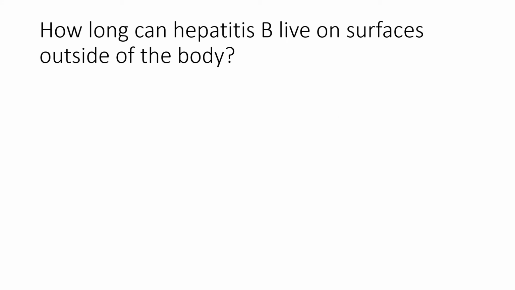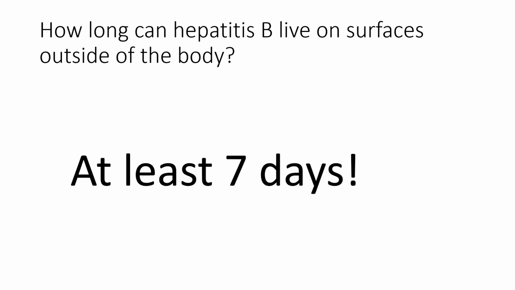How long can hepatitis B live on surfaces outside of the body? That's right, at least 7 days. So very hardy virus, and that's why we have to be afraid of it in dialysis units.